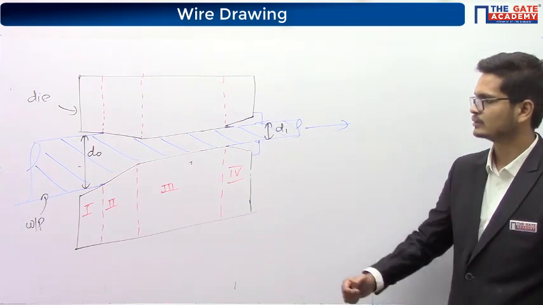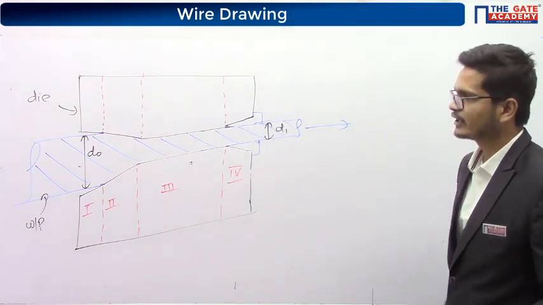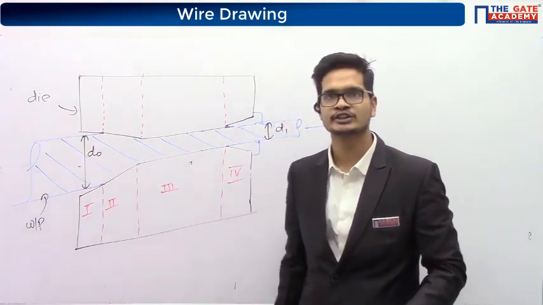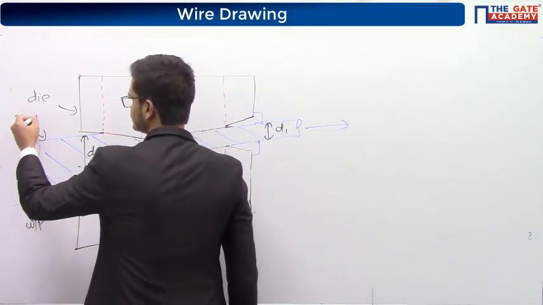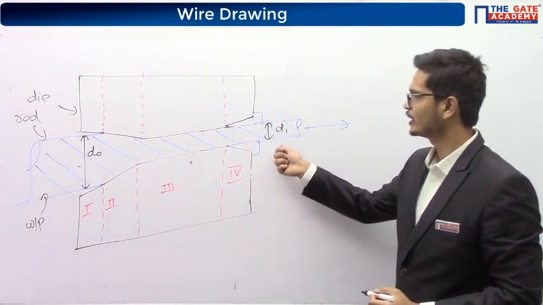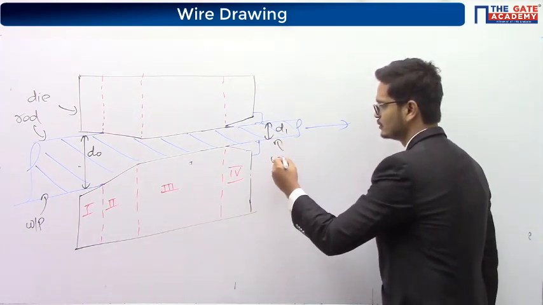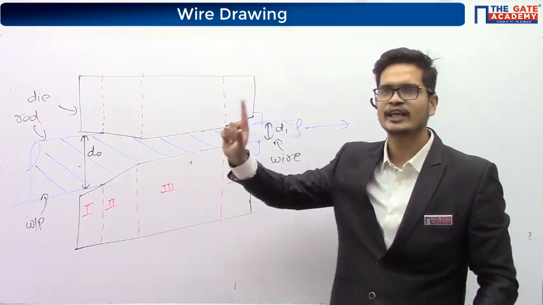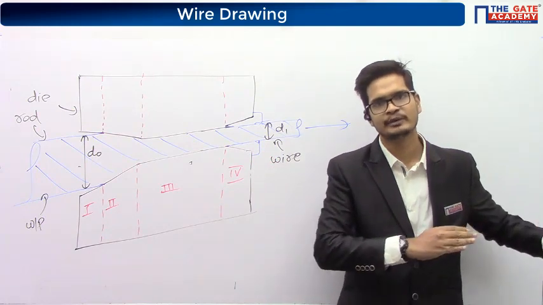Okay. Let's come back to this. Let us say that the initial workpiece that is entering, I am calling as rod. And the final component that is coming out, I am calling as wire. Okay. The thing is, just in one die you will not be able to achieve good reduction. They will use multiple dies in series.